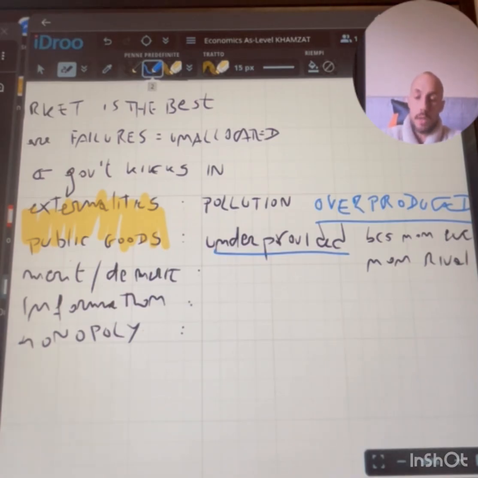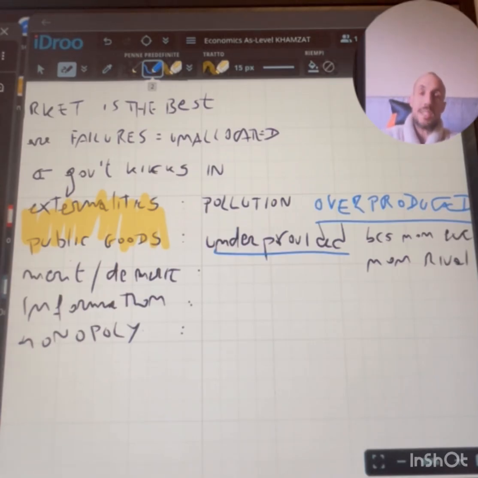Very quickly about these ones. Merit and demerit goods. Often, consumers misjudge the true value of a good.